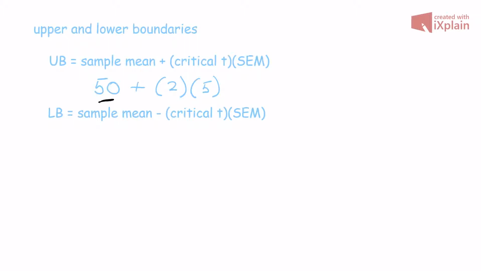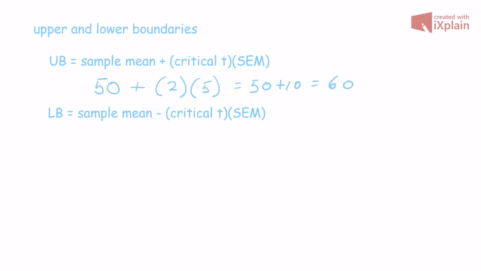Then, based on the type of confidence interval I want to compute, I look up a critical value in a table. Let's just say that the critical t was 2. So I'll put that in there. And let's just say that I computed the SEM and that came out to be 5. Again, a future activity will show you exactly how to do those things.